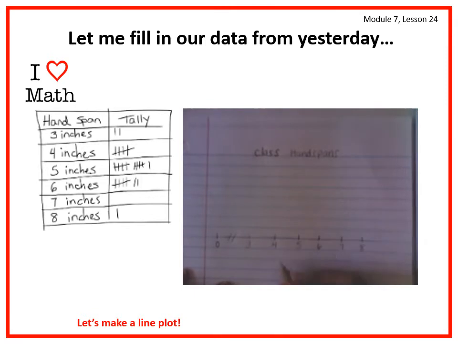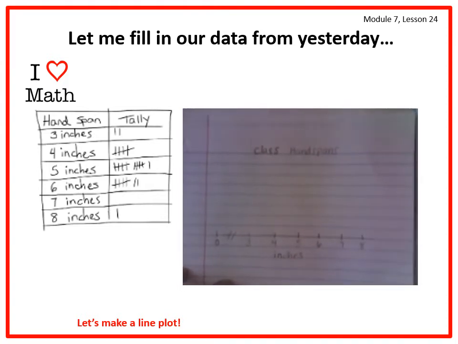Inches. So down here, I have to write what I measured in. I measured in inches, just like that. So make sure that you write that you measured in inches. Okay, so those are the 3 things that your line plot needs. The title, the number line, and what you measured in.